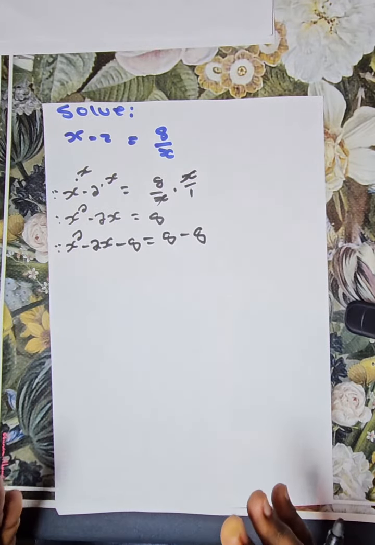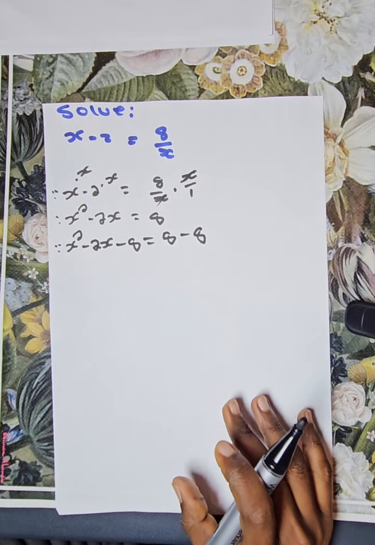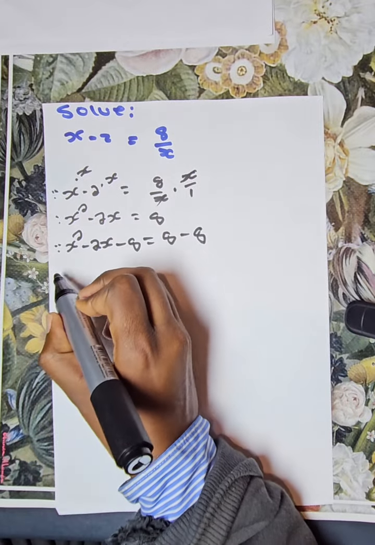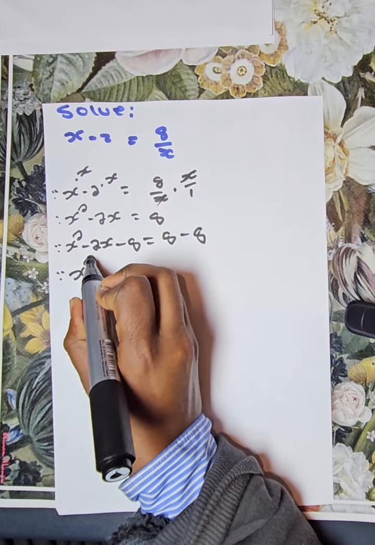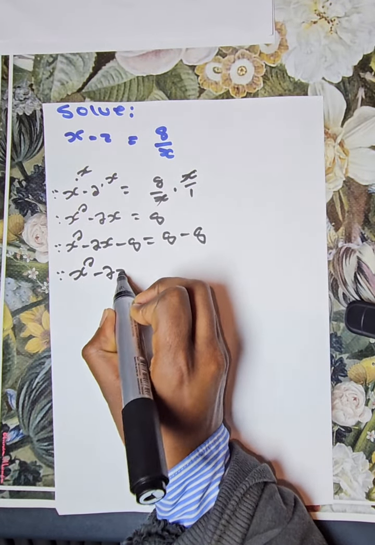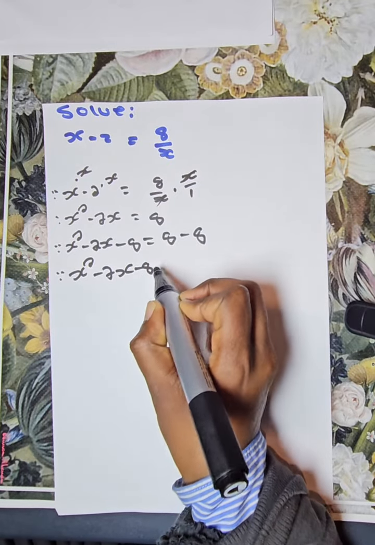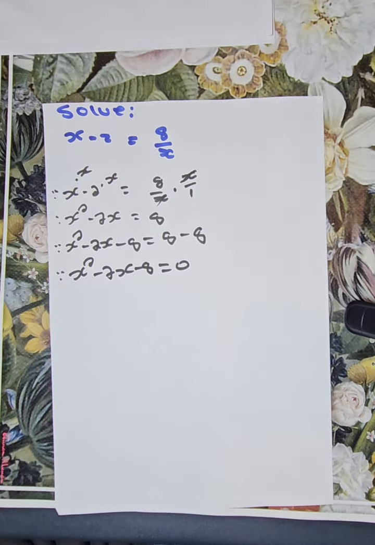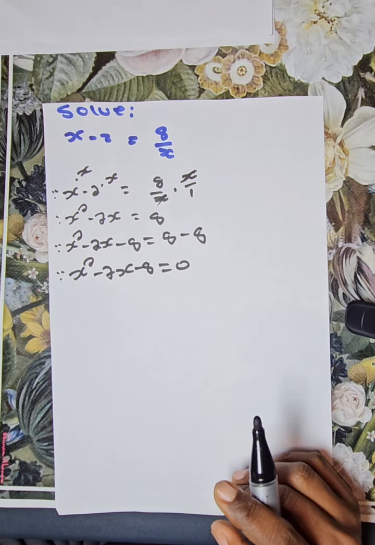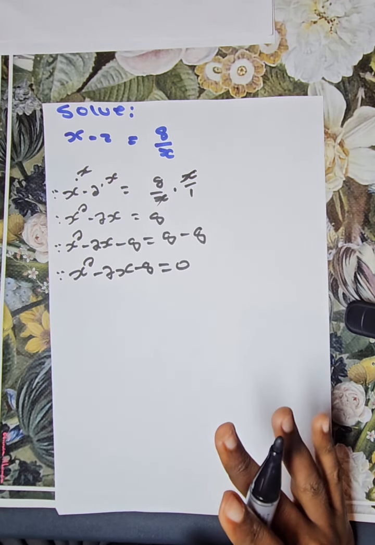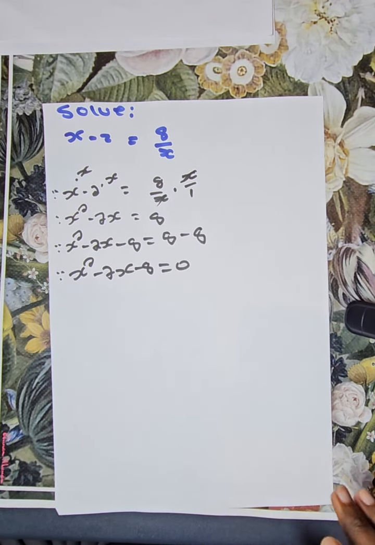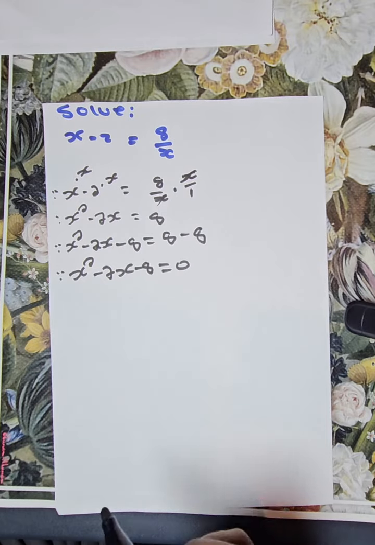So we get rid of 8 in order to get 0 on the right hand side. This simplifies to x squared minus 2x minus 8 equal to 0. Now, in order to solve, we need to factorize.